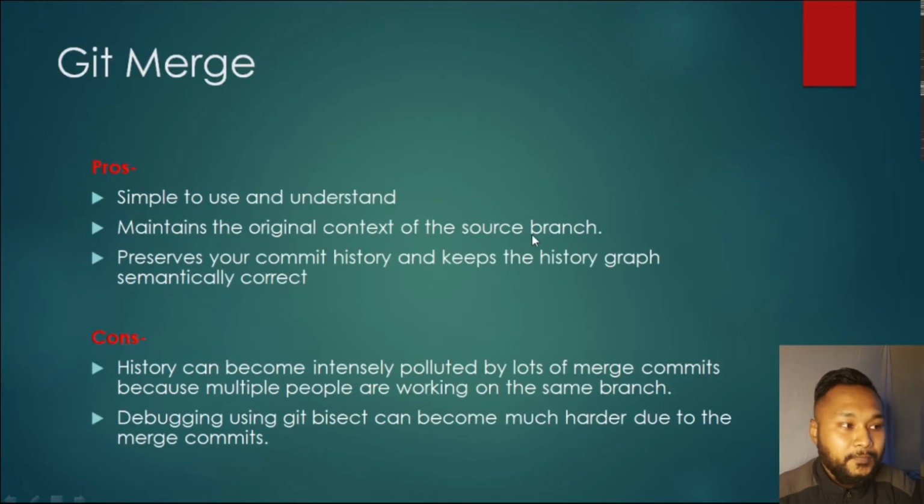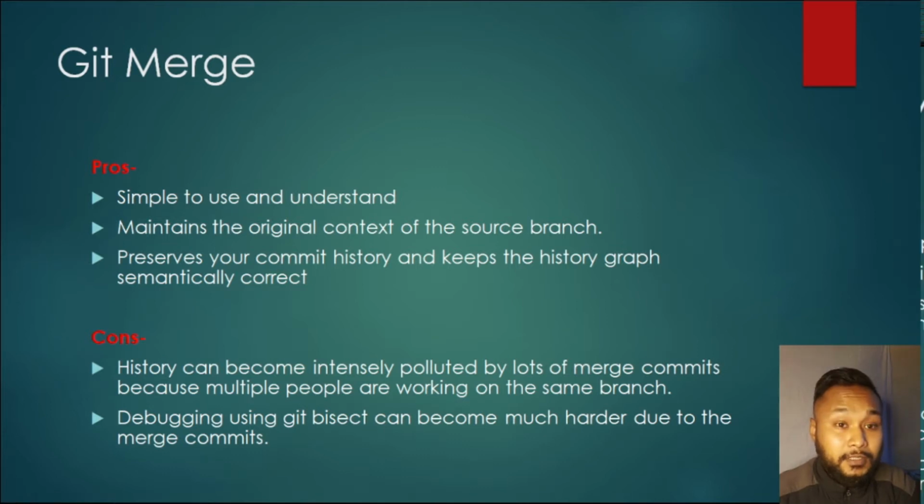Okay, so what are the pros and cons of Git merge? Git merge is simple to use and easy to understand, and maintains the original context of the source branch, preserves your commit history and keeps the history graph semantically correct. In case of Rebase, it's basically like a linear workflow module.